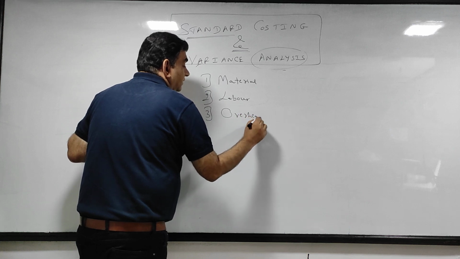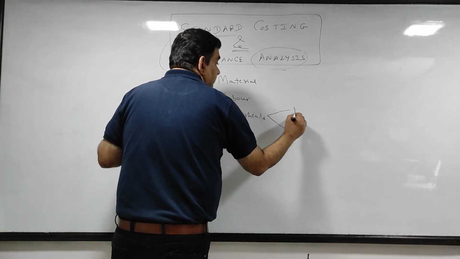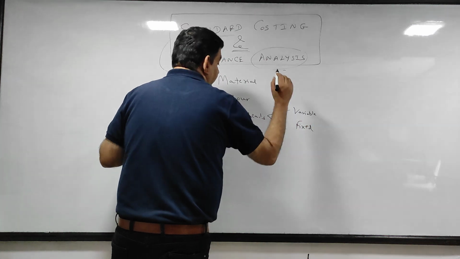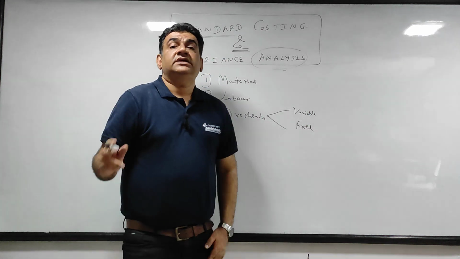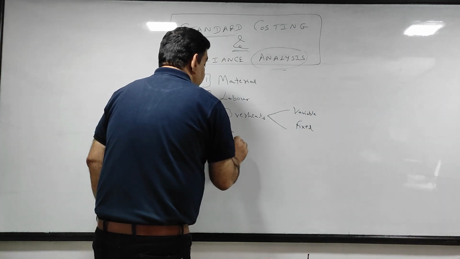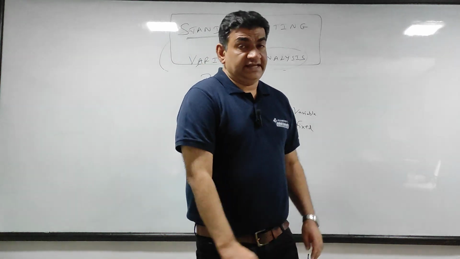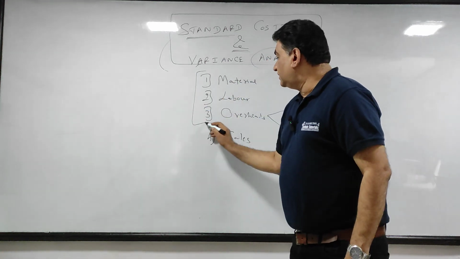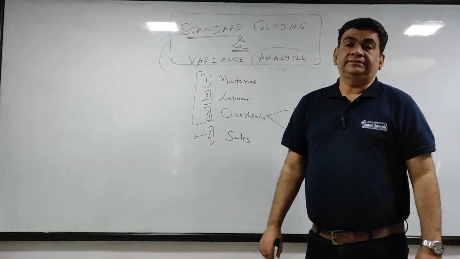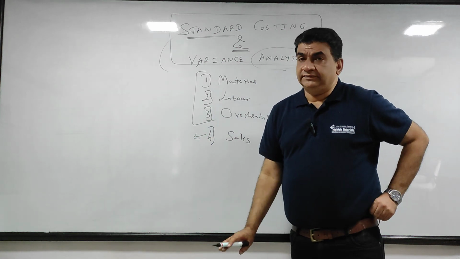Third, you have to do it for overheads. In this chapter, overheads will be in two parts, that is variable and fixed. And the last one, what you're supposed to do is sales. These three are expenses and the last one is income or revenue.